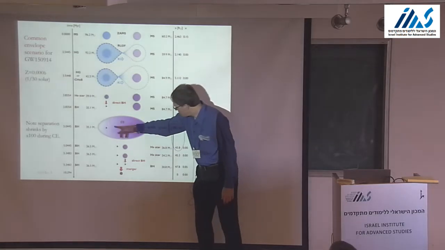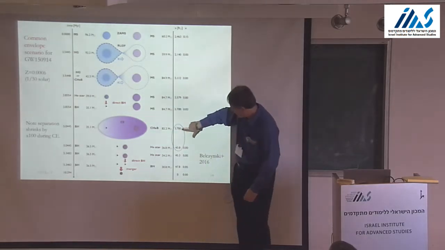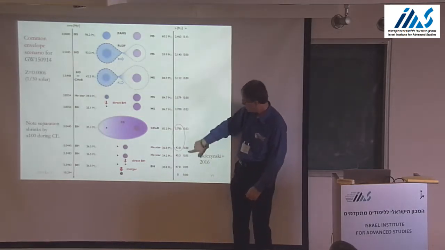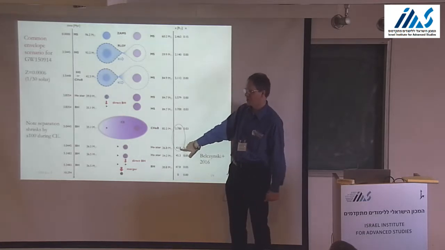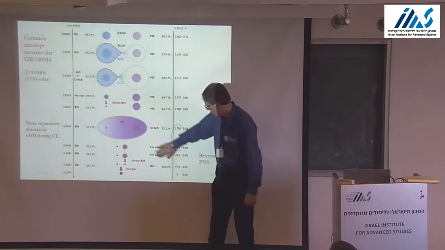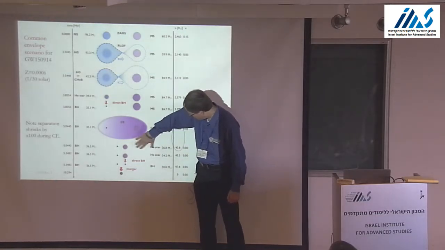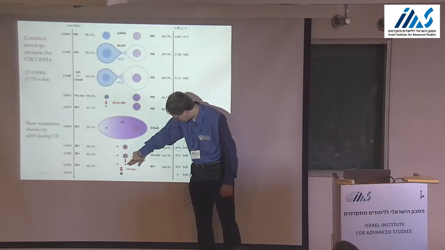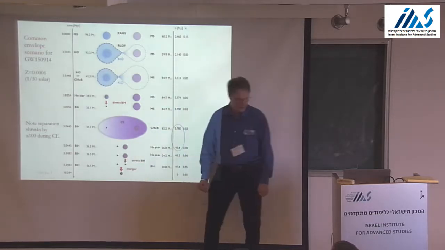And now this common envelope takes this thing in from 4,000 solar radii to 40 solar radii. It goes in by a factor of 100. Then they get the massive helium star of 37 solar masses. This one makes a black hole, and then they have the merger.